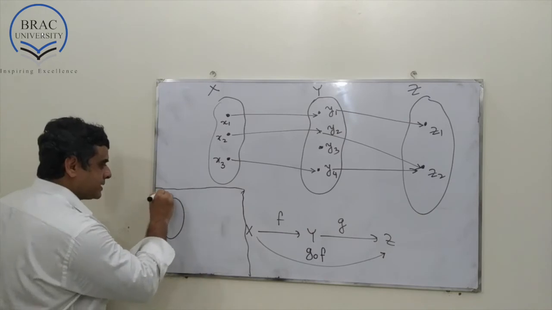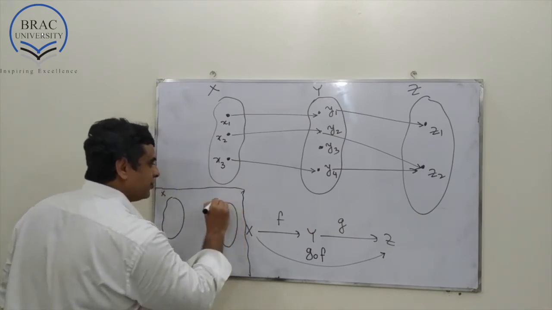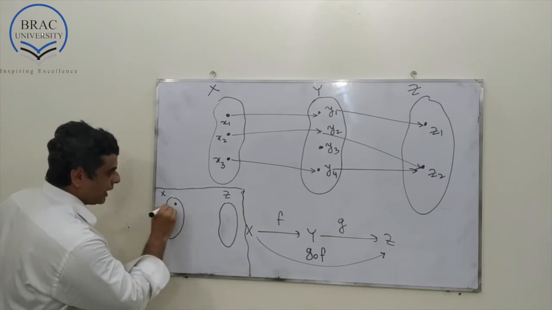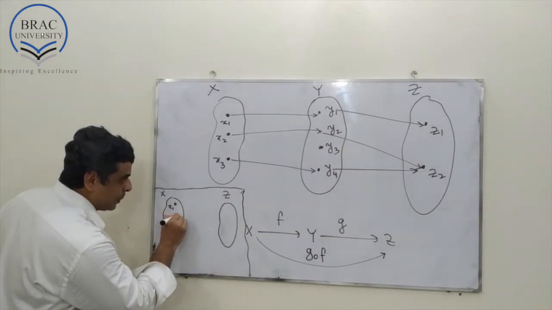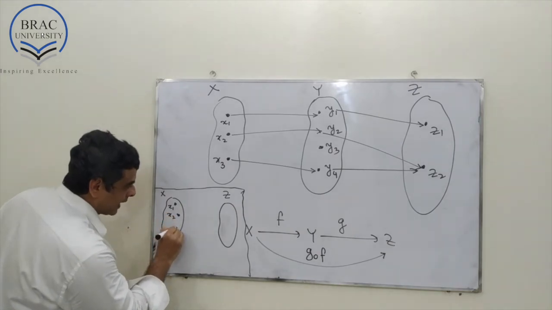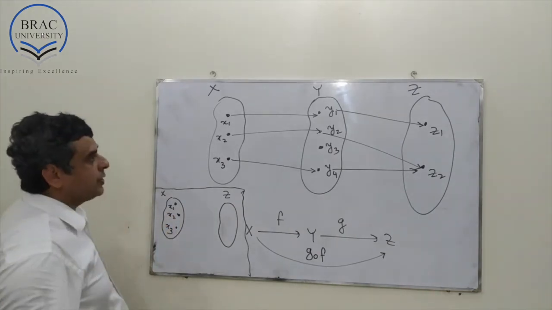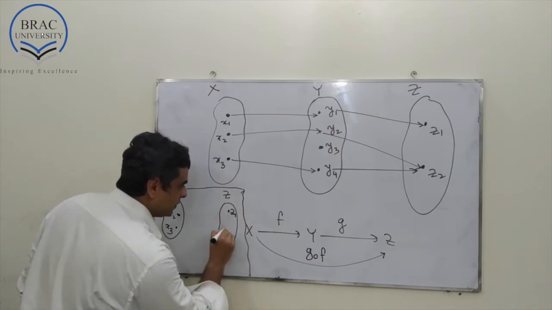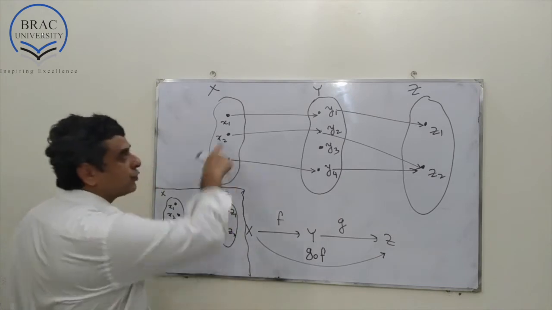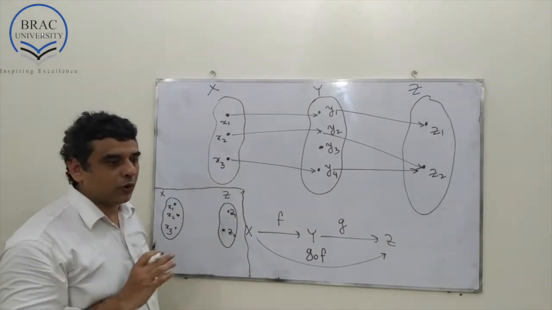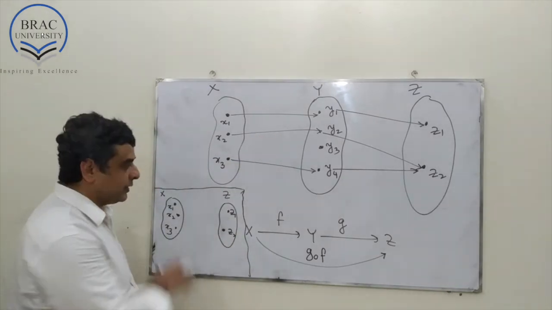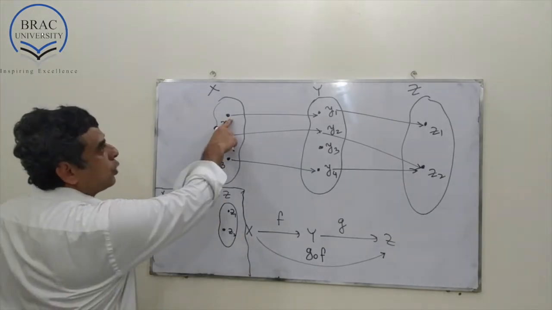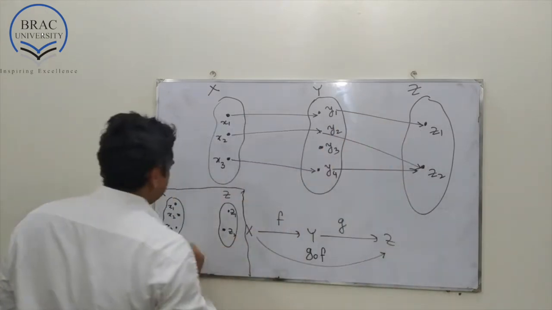This is X and this is Z. There are three elements in X, X1, X2, and X3, and there are two elements in Z. One just follows the arrows to get this composed function.